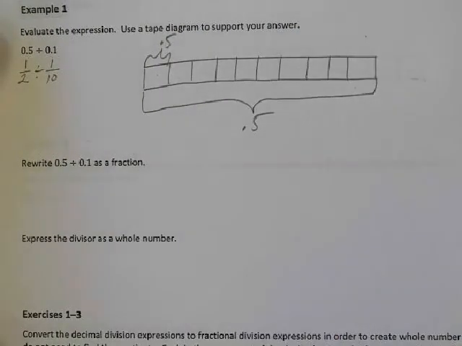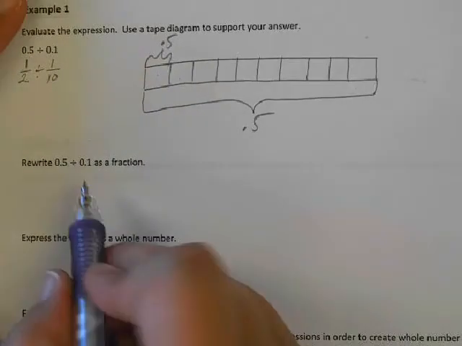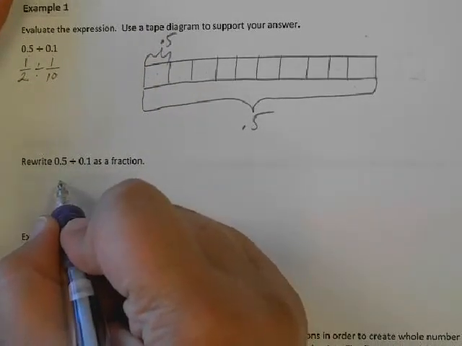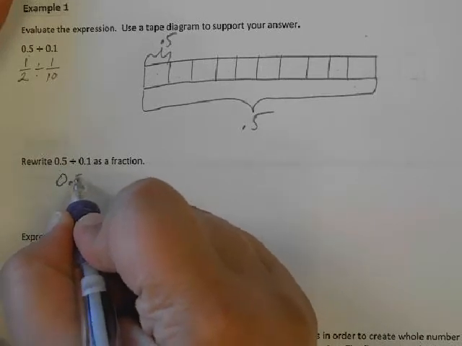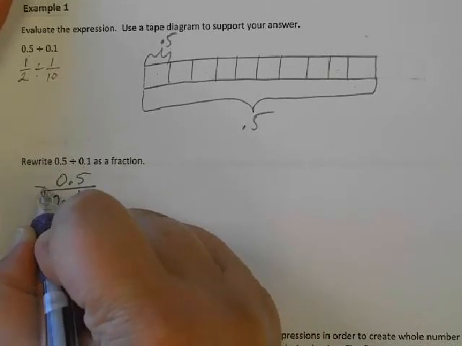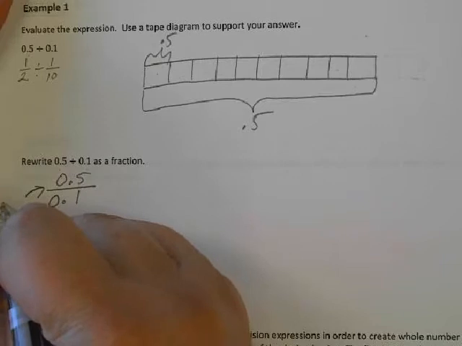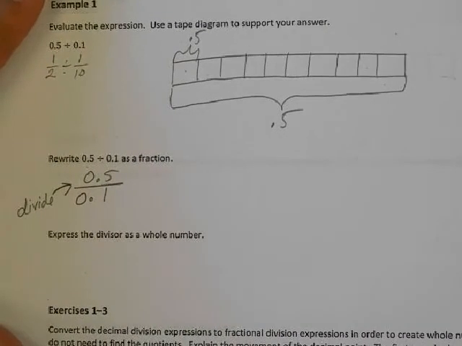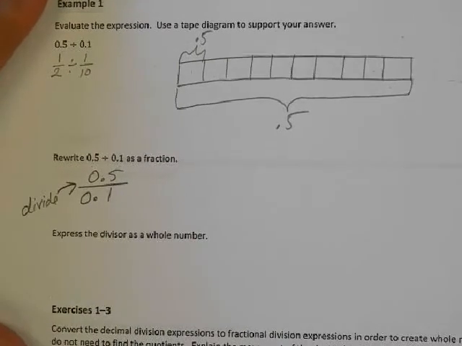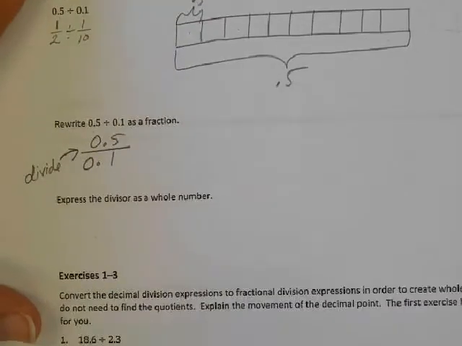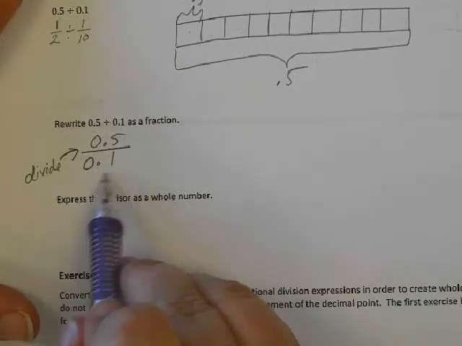If I wanted to rewrite this 0.5 divided by 1/10, so 5/10 divided by 1/10, I would put 0.5 over 0.1, because if you remember, that symbol means to divide. Now, for me to write this as a whole number, I have to figure out how I can move this decimal.